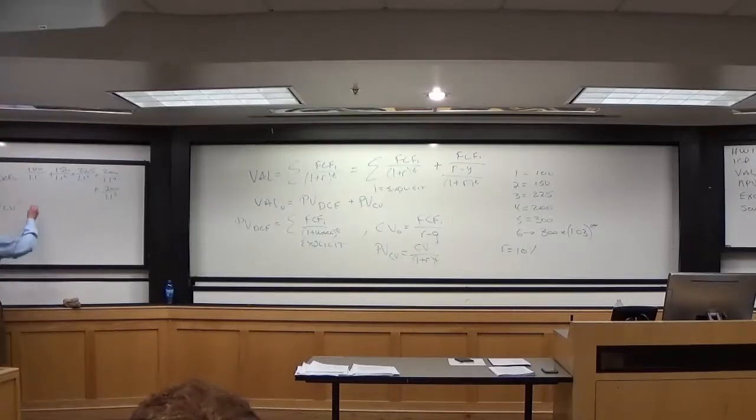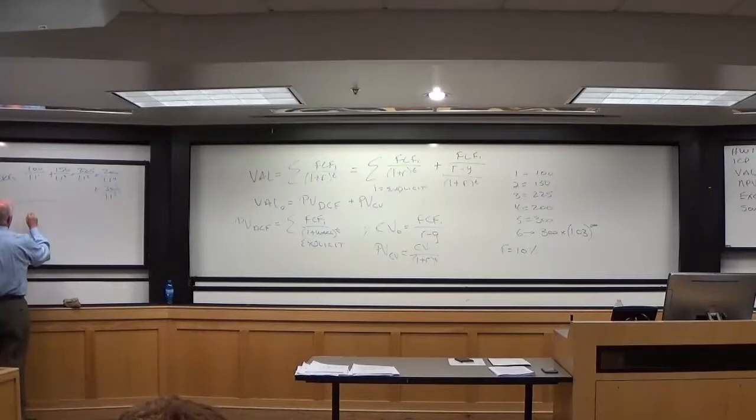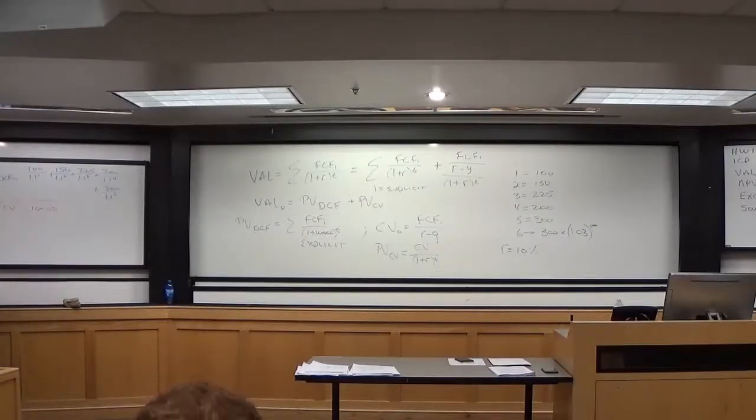So it's going to be 300 times 1.03. What is 300 times 1.03? Is that 309? You guys have calculators, so give that to me if you would. Divided by 0.10 minus 0.03, which is the discount rate minus the growth rate we've applied. Is that 309? Okay.